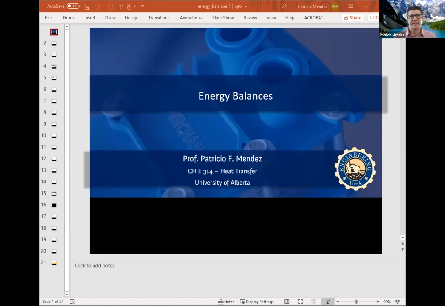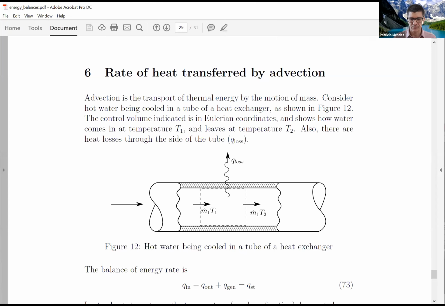Energy balances. Let's wrap up with the rate of energy by convection. Okay, there we go.